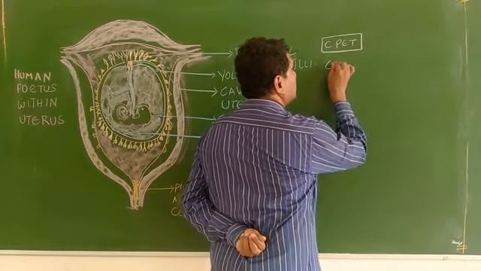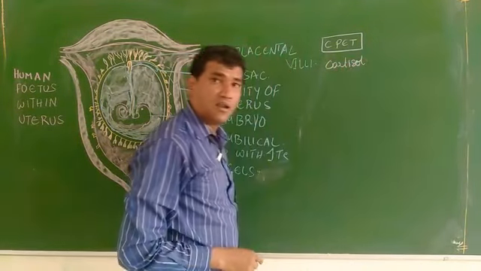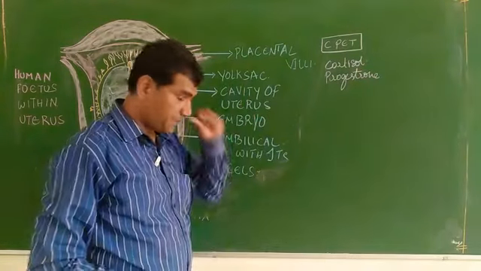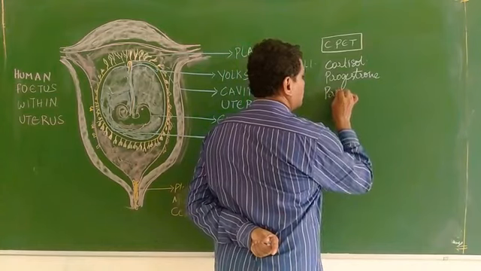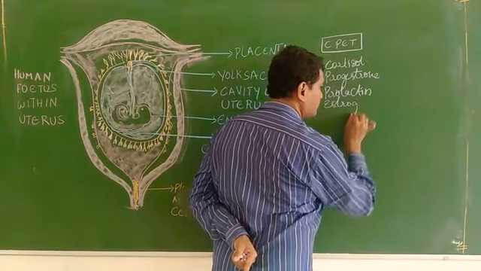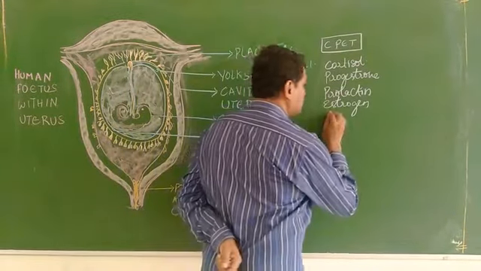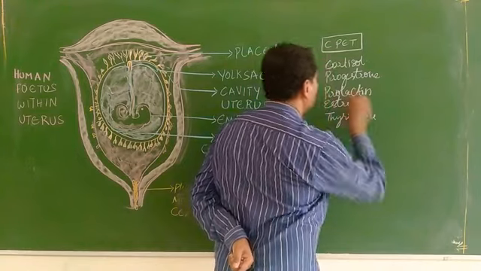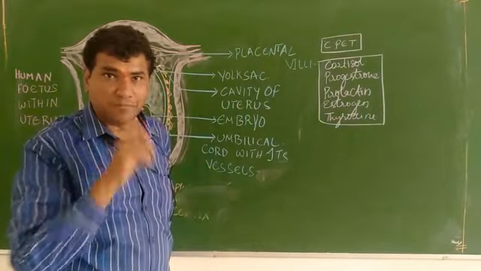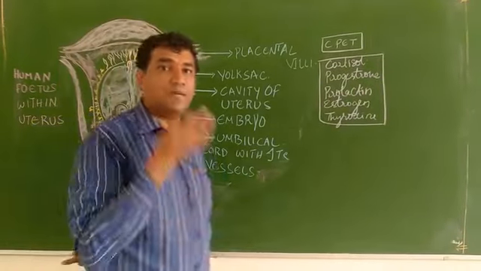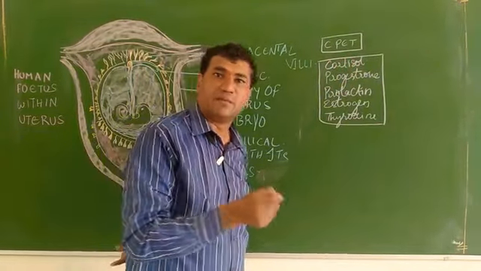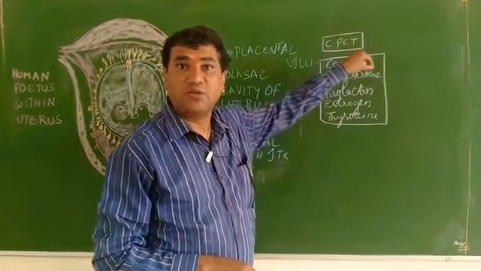They are cortisol, progesterone, prolactin and estrogen. During pregnancy, these hormones are increased several-fold. That means the general hormonal level of these in the non-pregnancy period is comparatively less than during pregnancy.